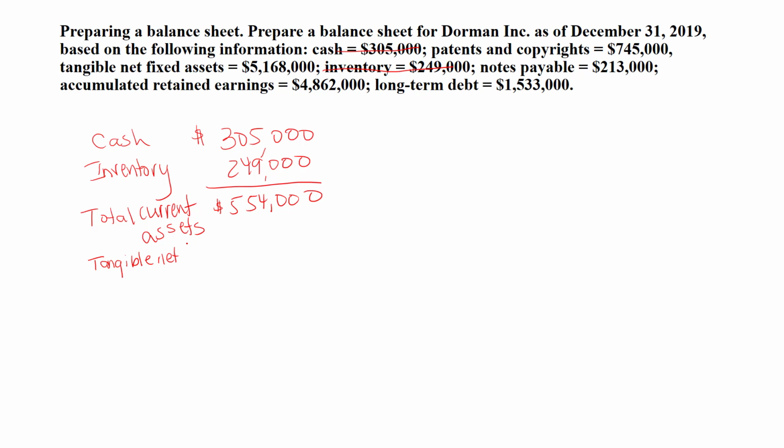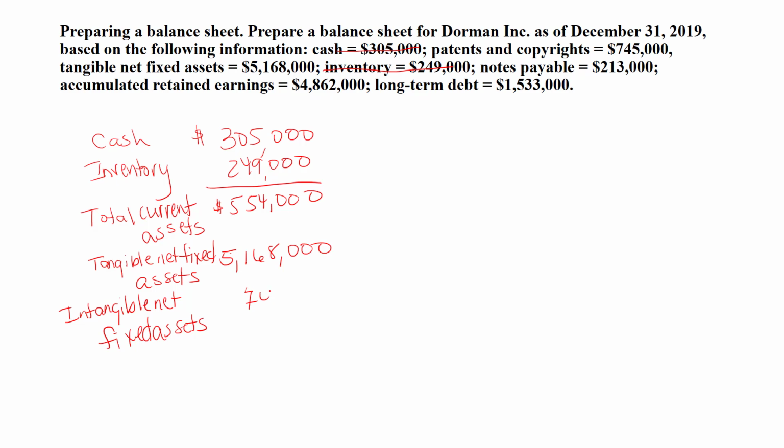net fixed assets are $5,168,000, and our intangible net fixed assets are $745,000, and we will total these.